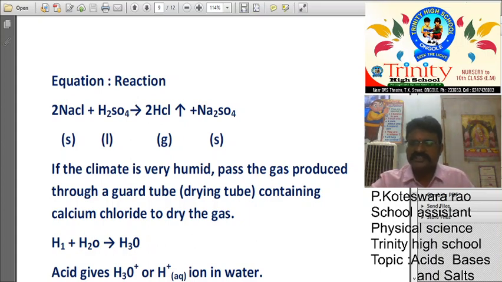So which condition changes blue litmus into red color? Acid. So the ejected gas is acidic in nature. This acid also acts only in wet condition or aqueous condition.